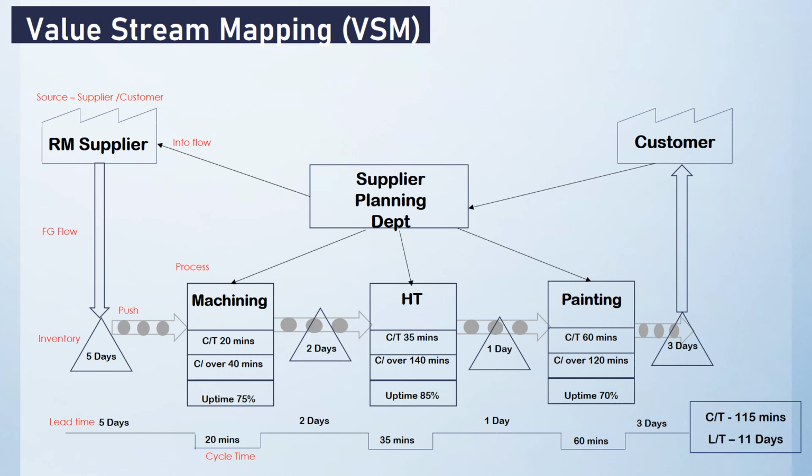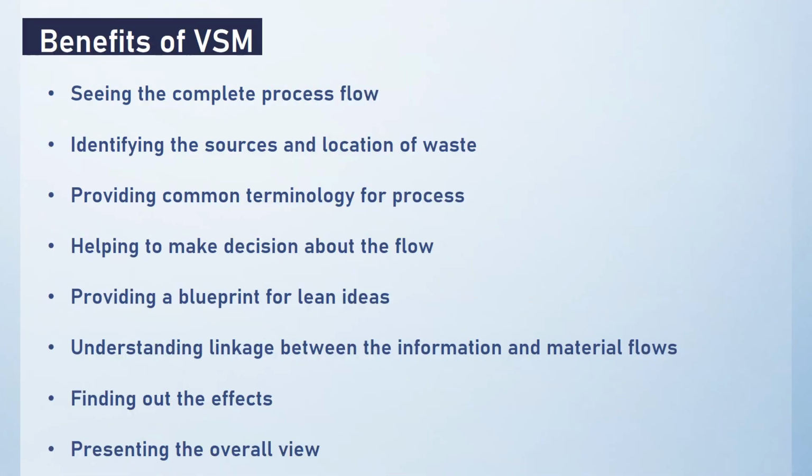So let us understand the benefits of it. Like I explained, seeing the complete process flow in a single page, identifying sources and location of waste, we already discussed. Providing common terminology for process, all symbols, all terminology standard for all processes all across the world, so the communication language is common. And helping to make a decision about the flow.